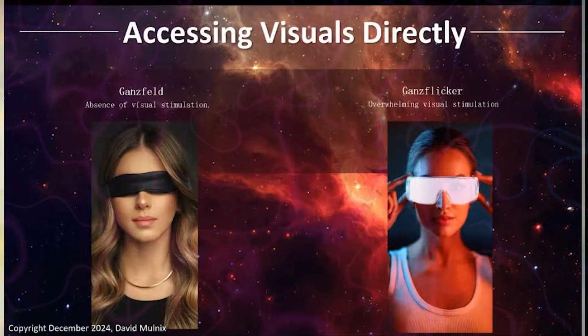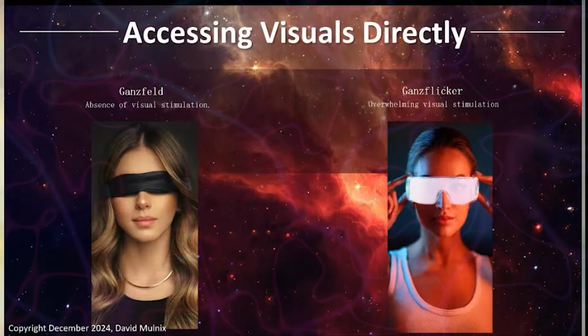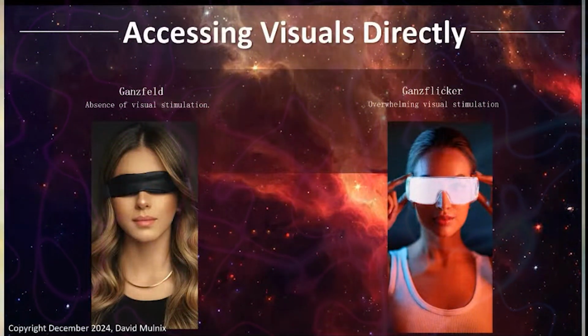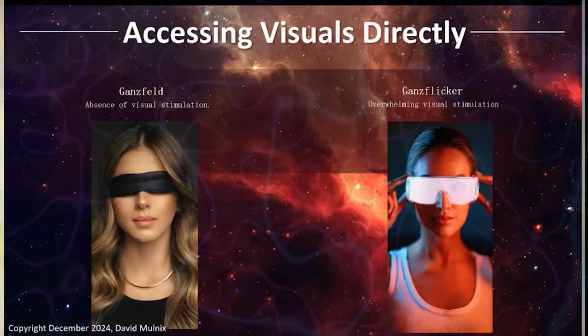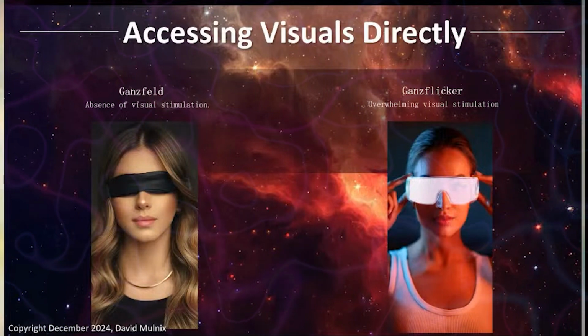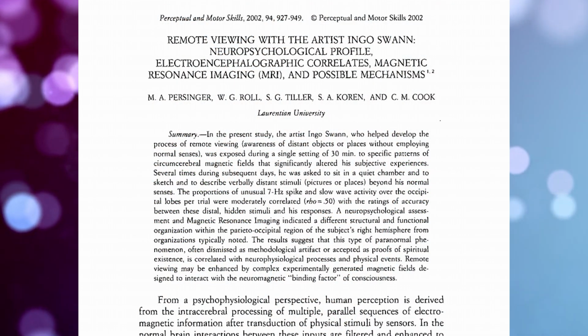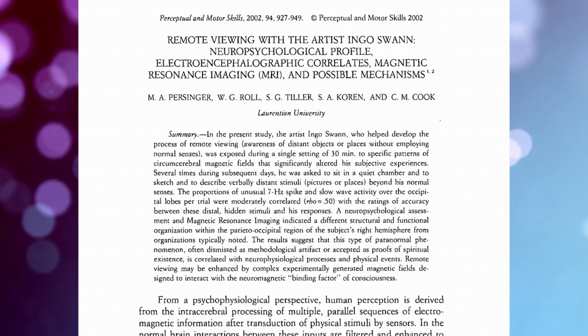Another thing that is interesting about the Ganzflicker is that the flicker rate is actually in the alpha state. The optimal flicker rate, I think, is around 10 hertz, but there's a range. What I find very fascinating about this is that Persinger, a scientist who worked with Ingo Swann, a famous remote viewer, studied Ingo Swann when he had EEG on his head, and he would get very accurate data about the target.